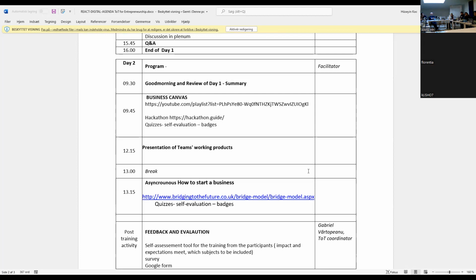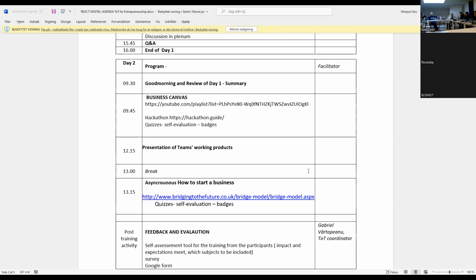This is also something that we will give them some time to do on their own after the course, and then the feedback and evaluation on the second day. It can be done for this course only, but it's actually for the whole training, because they will evaluate all 4 topics.